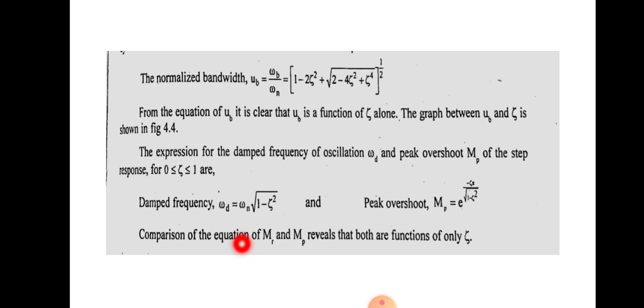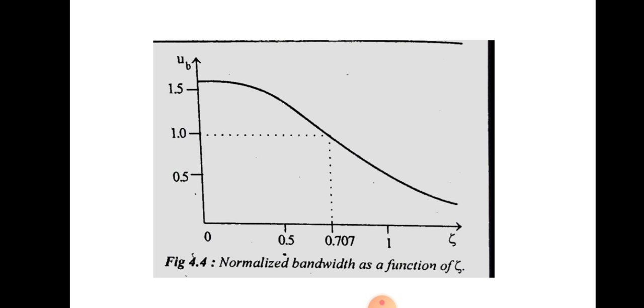If we compare the equations of M_R and M_P, we can find that both are functions of epsilon. So the peak overshoot M_P is a function of epsilon, and we can plot a curve between M_P and epsilon by giving different values of epsilon.